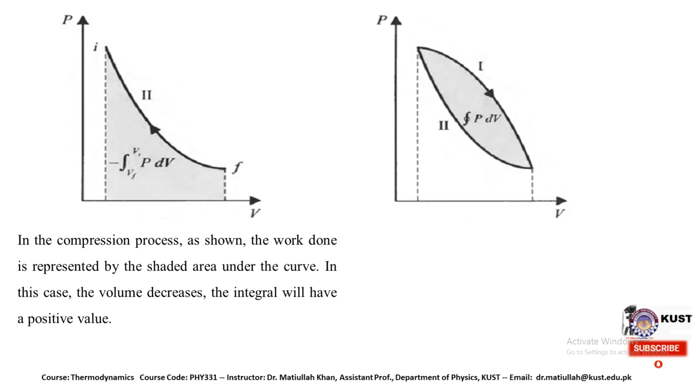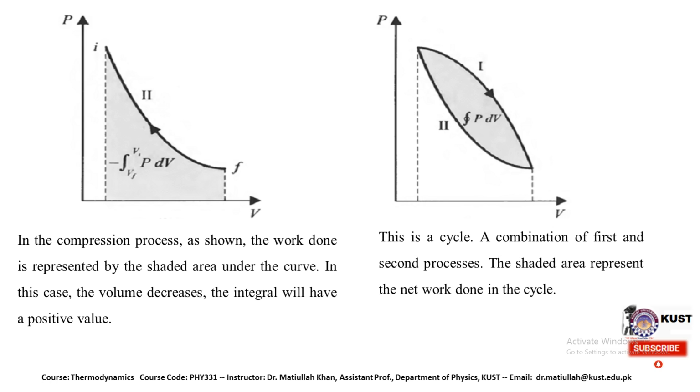If we combine both processes, the initial process where the system moved from I to F, and the second process where the system moved from F to I, what will happen? We get a loop, and the work done can be shown by the area inside the loop, the shaded area.